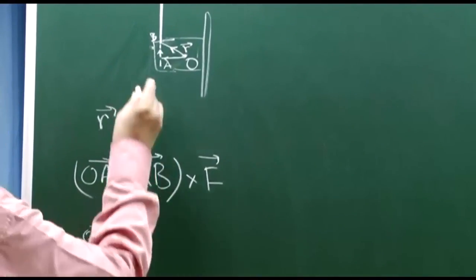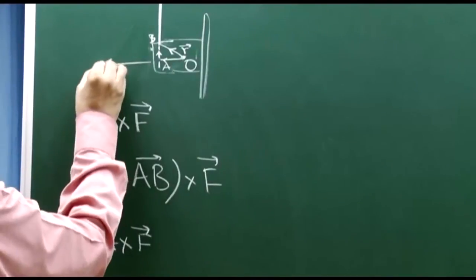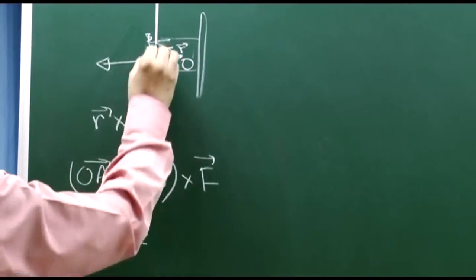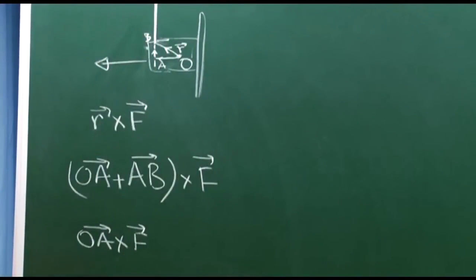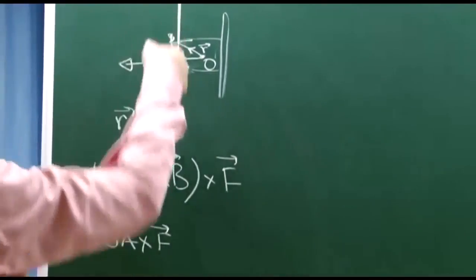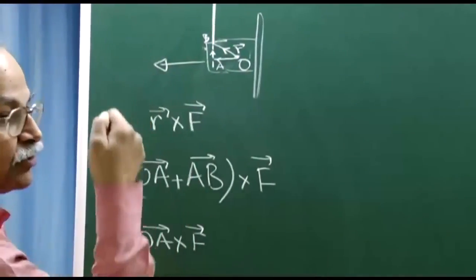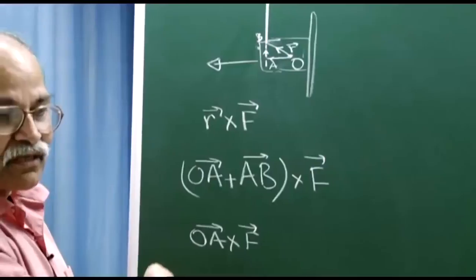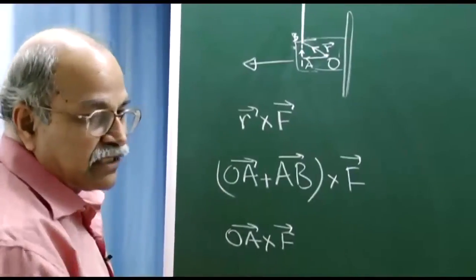So, what is the direction of OA? This is the direction of OA, and this is the direction of F. So, what is the direction of the torque? R cross F is going into the board. The torque is going into the board.